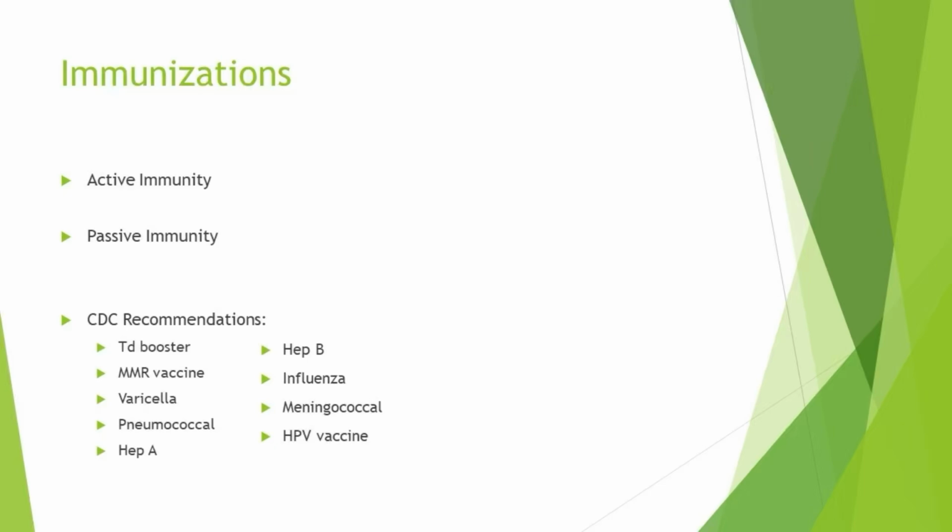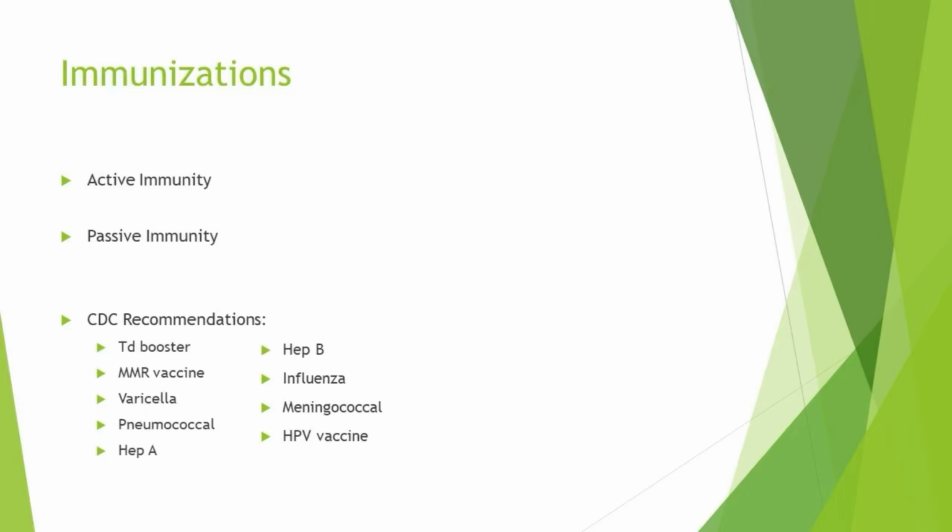In contrast, passive immunity involves directly received ready-made antibodies. This could be through maternal transfer, from the mom to the baby, through breast milk. Let me give you some other examples.